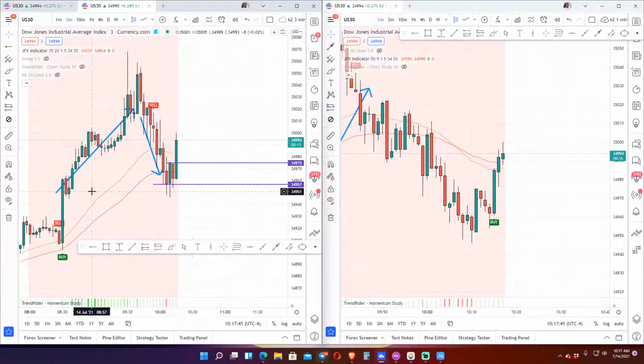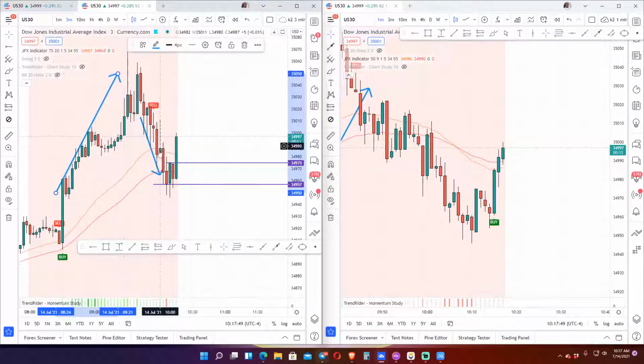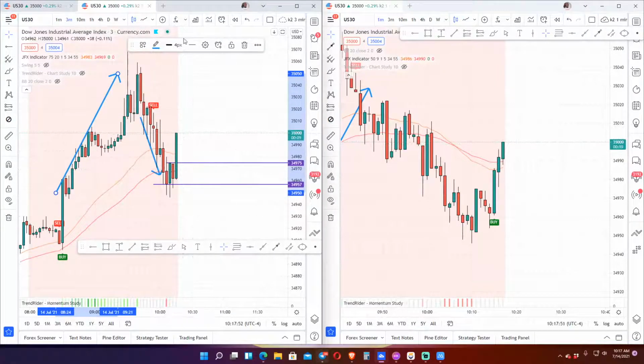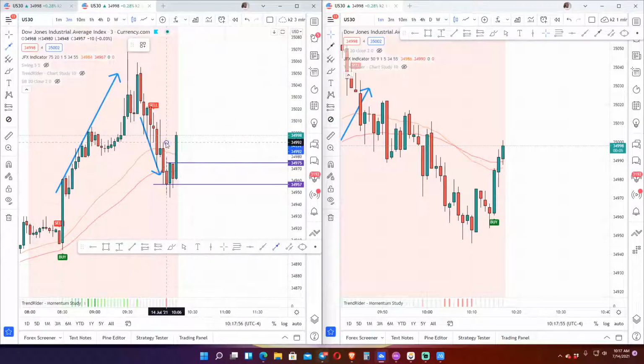But it's doing exactly as I thought it was gonna do. It went up, pulled back, and now price is shooting right back up like I said it was gonna do from the beginning.